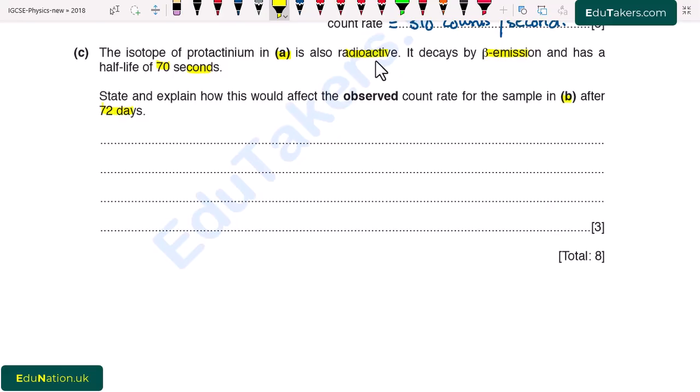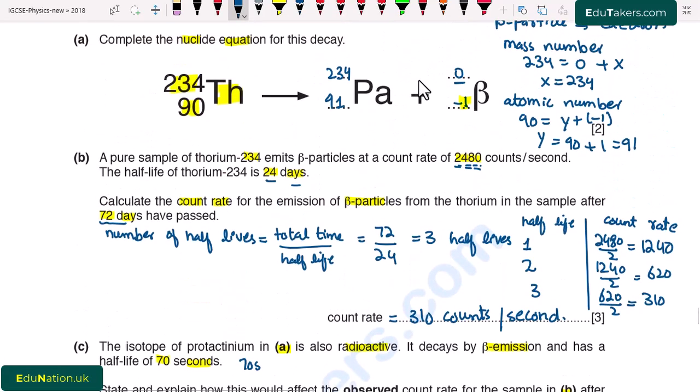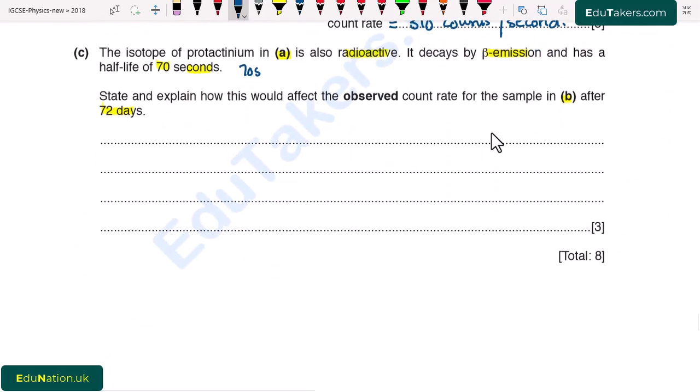So here we can see that protactinium is highly radioactive as compared to thorium, and its half-life is much shorter, because you can see here its half-life is 70 seconds while the half-life of thorium is 24 days. So it is very short as compared to the half-life of thorium. That's why the count rate is larger than 310 counts per second.